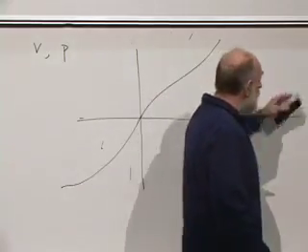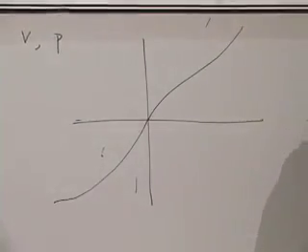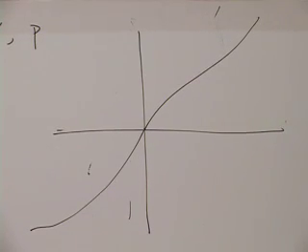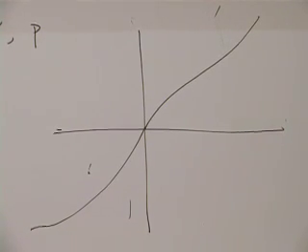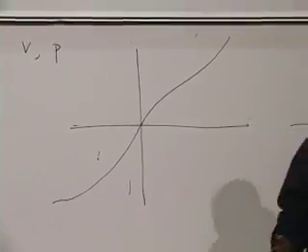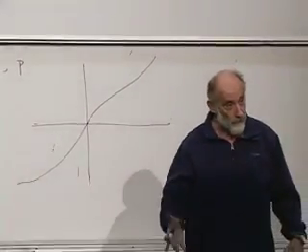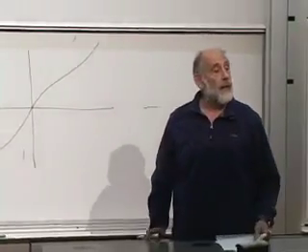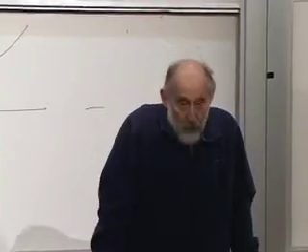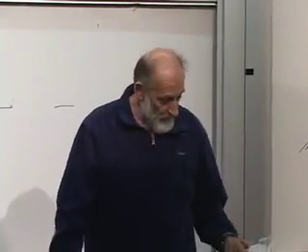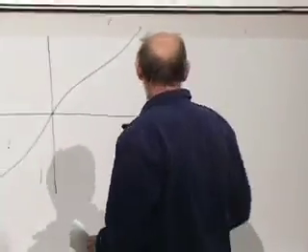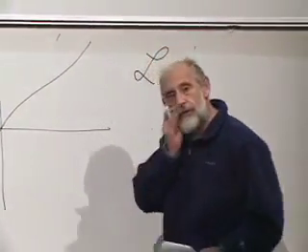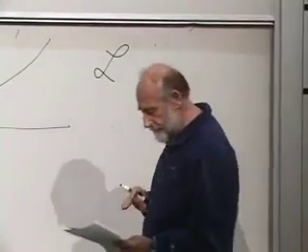Then if we have such a single-valued function, not just a single-valued function, but a one-to-one function, meaning it's single-valued whether you think about it as P as a function of V or V as a function of P, then it's possible to invent a pair of functions, one which I'll call L, secretly the Lagrangian.